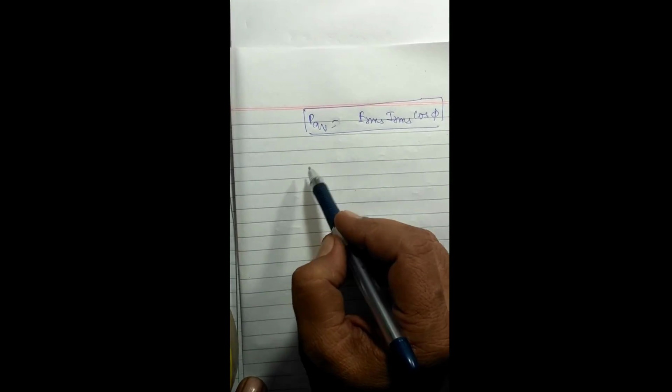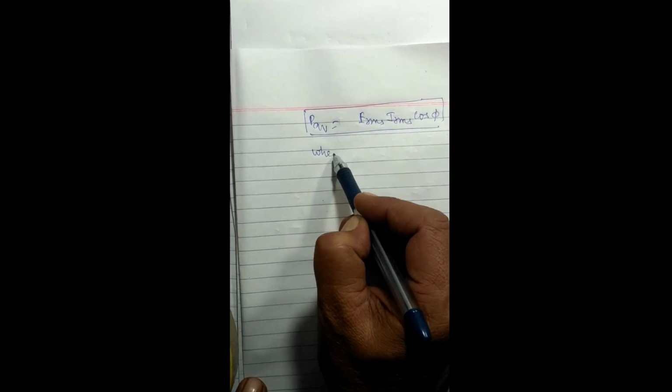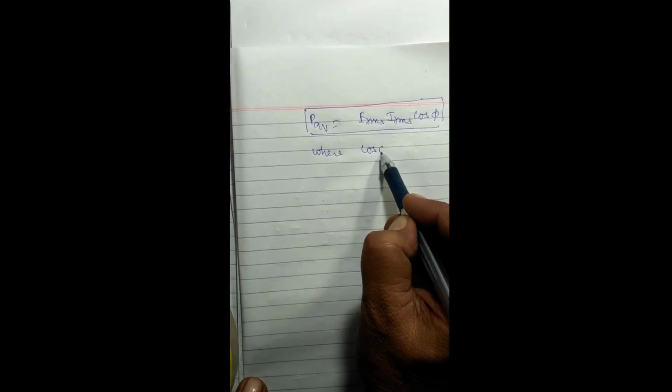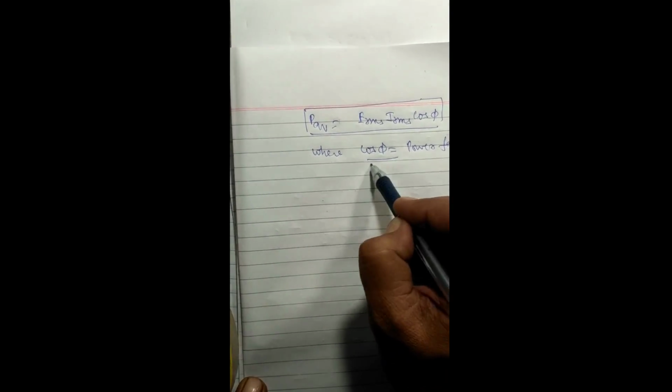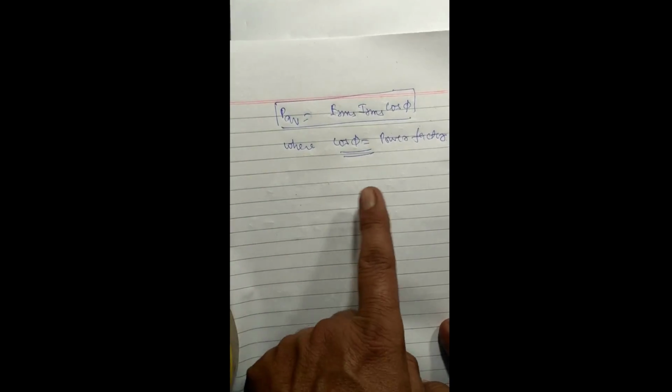Now one thing you should know here, cos phi is called the power factor. This is the only deciding factor. This is called the power factor.